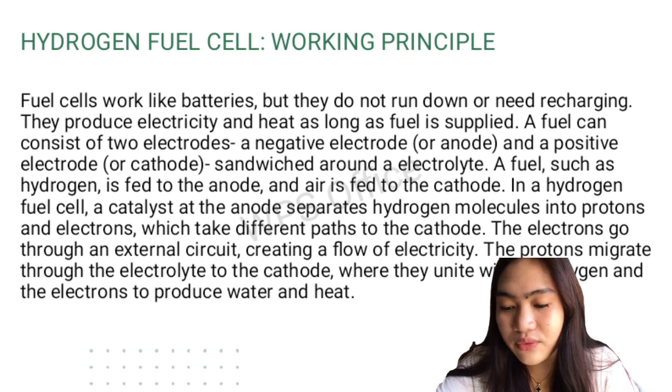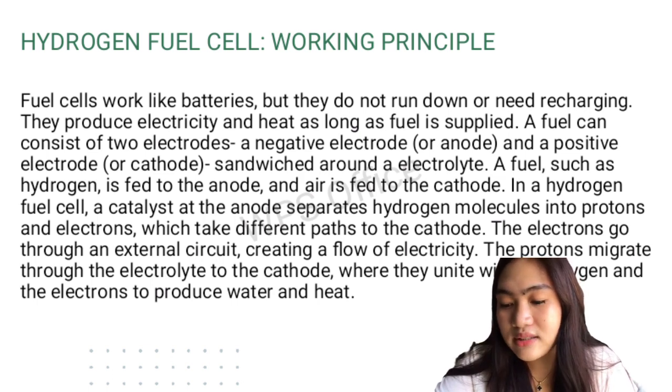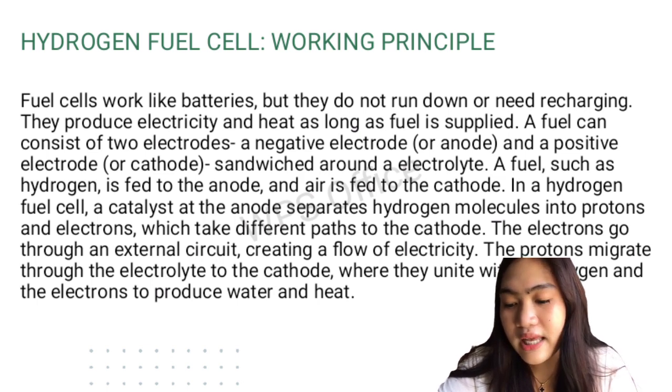In a hydrogen fuel cell, a catalyst at the anode separates hydrogen molecules into protons and electrons, which take different paths to the cathode. The electrons go through an external circuit, creating a flow of electricity. The protons migrate through the electrolyte to the cathode, where they unite with the oxygen and the electrons to produce water and heat.